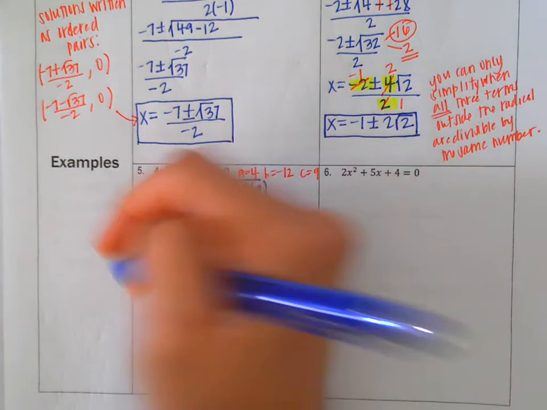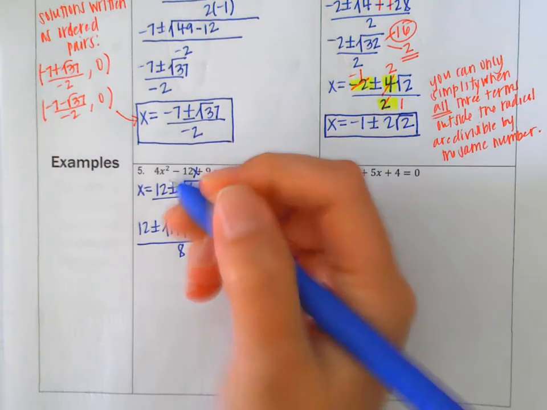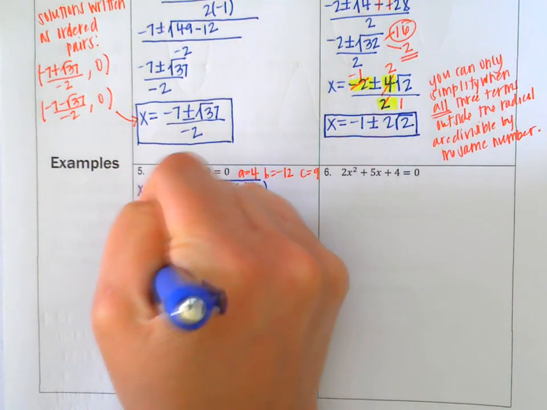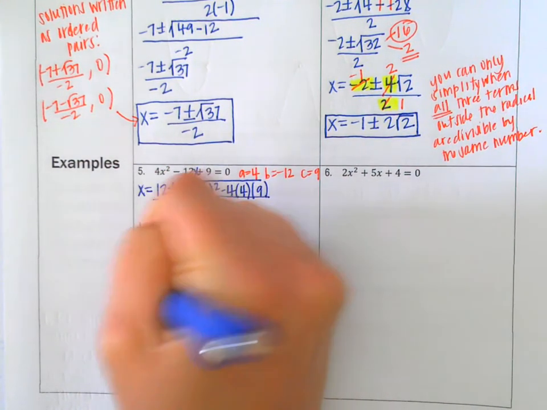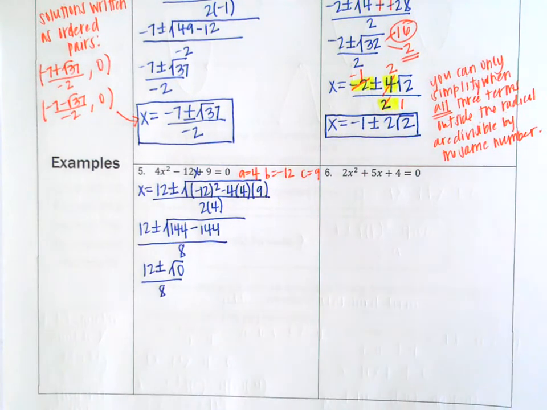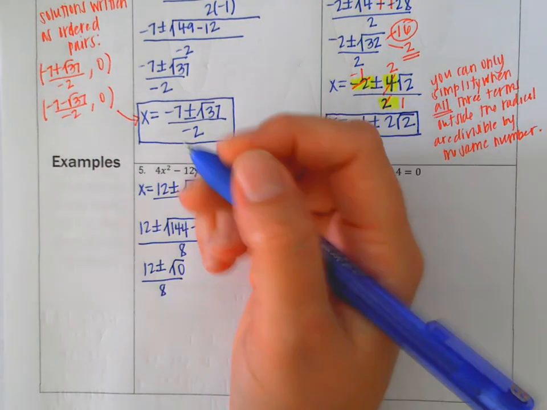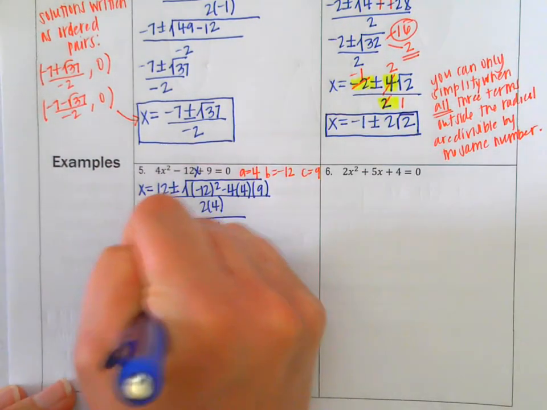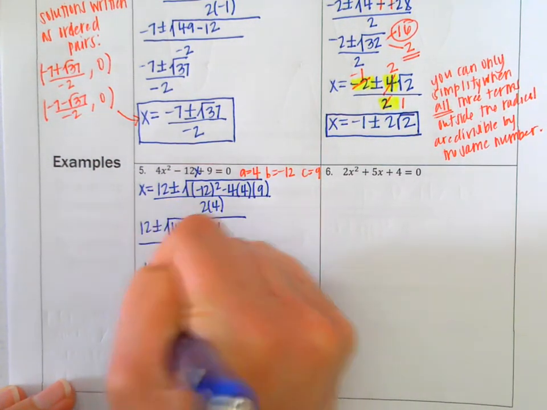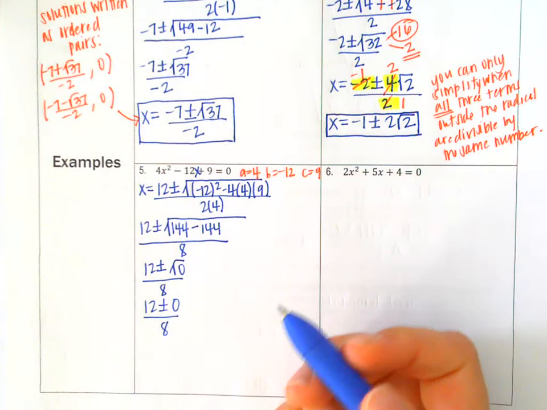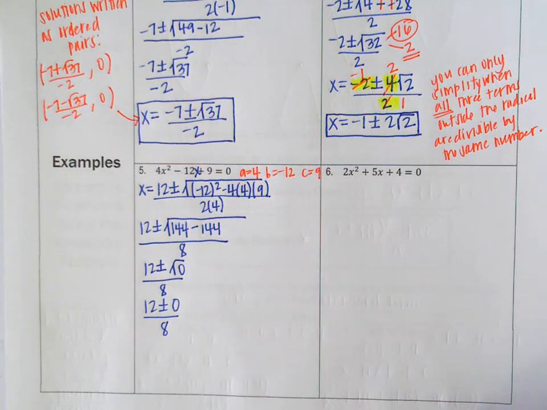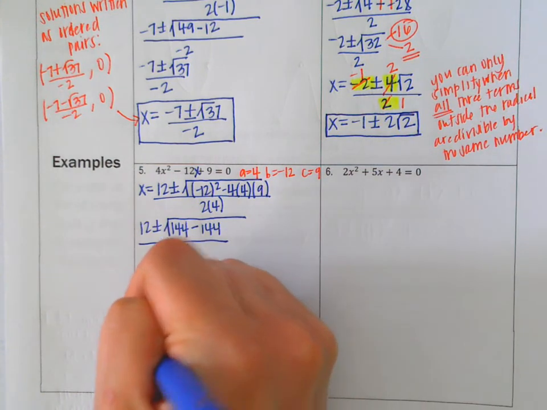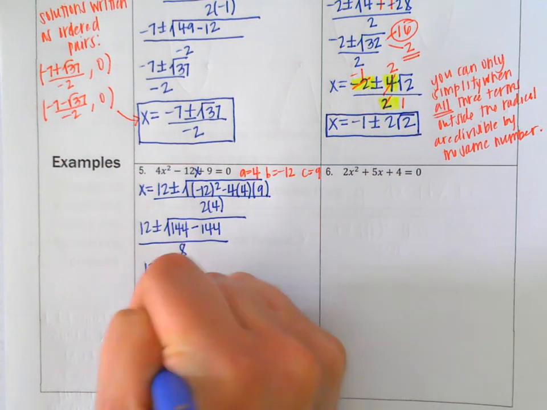Well, that's 0. And then what's the square root of 0? Well, the square root of 0 is still 0. 12 plus 0 is 12. 12 minus 0 is 12. So really my answer is just 12 over 8.